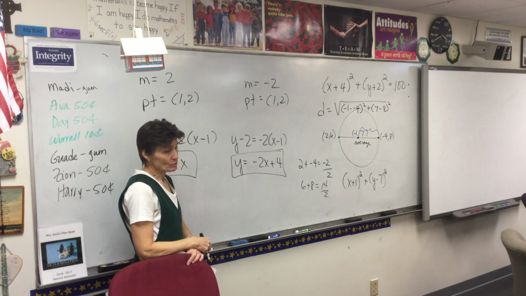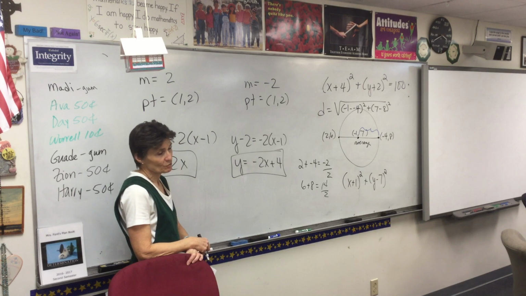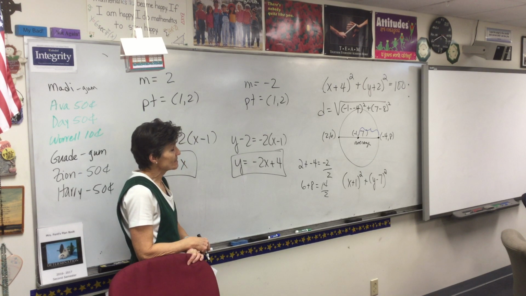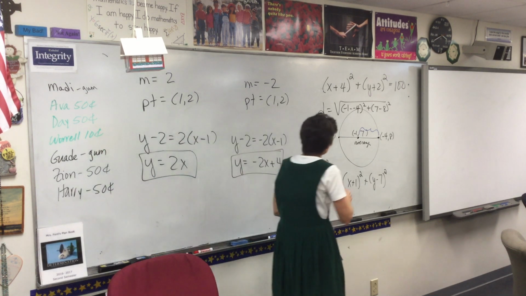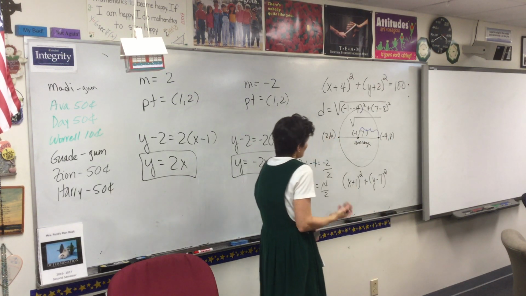And don't act confused by that, because they do it in first year algebra, they do it in geometry, and they do it in second year algebra, and we did it at the beginning of the year. That's the distance. So let's do the arithmetic. You will have a calculator on this test. I don't think you really need it, but you'll have it.